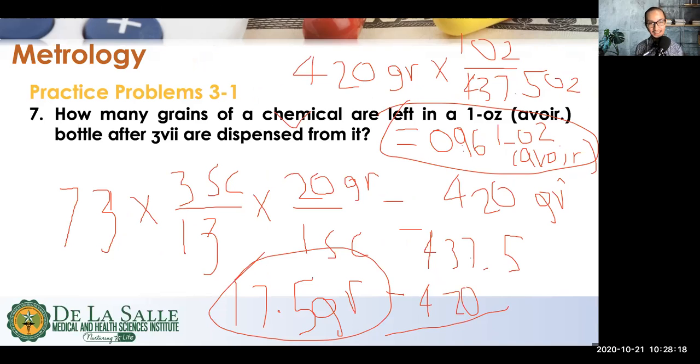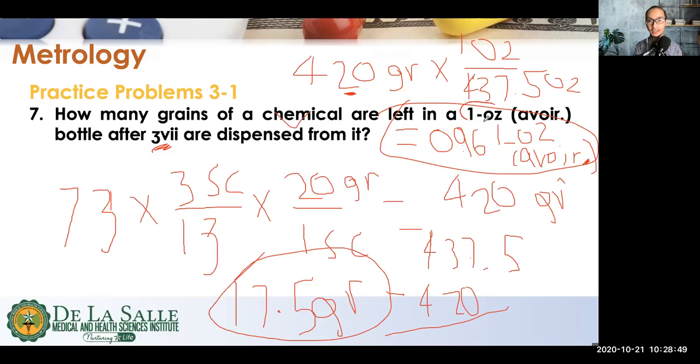Let's continue. Suppose you continued from this part. What Mr. Vega just did is that he converted the 7 grams to grains, and then the equivalent number of grains was converted to avoirdupois ounce.